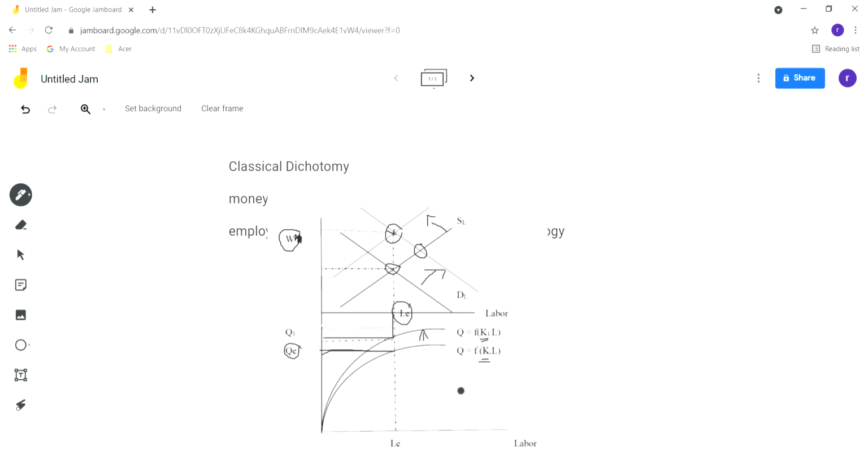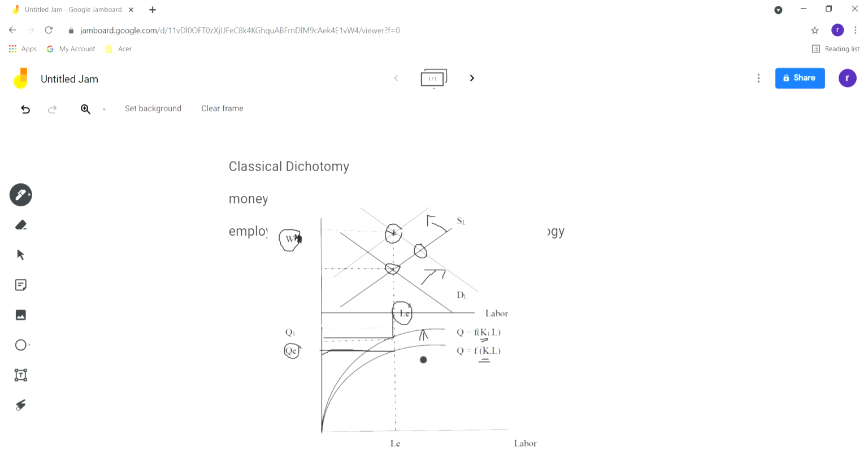So here you have seen on the one hand an increase in the money supply, which is a nominal variable, led only to changes in nominal variables like money wages and prices, but real variables like output or level of employment remained the same. At the same time, there was a change in the capital stock, which is a real variable, and the change in the capital stock led to an upward shift in the production function.